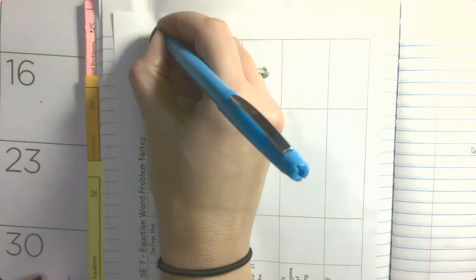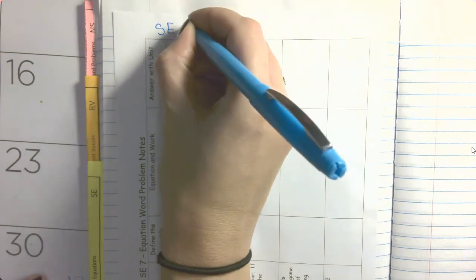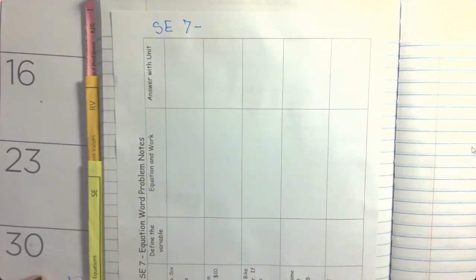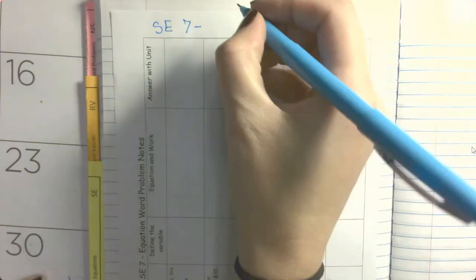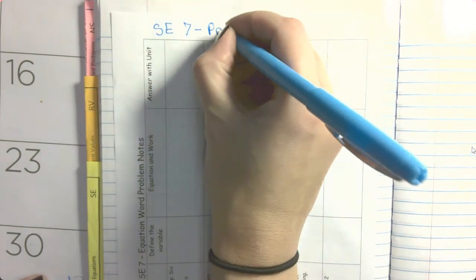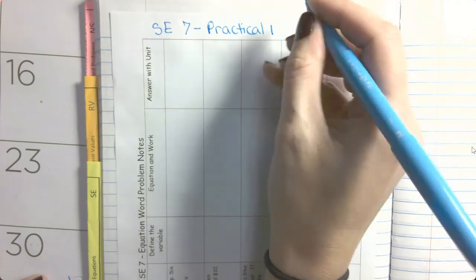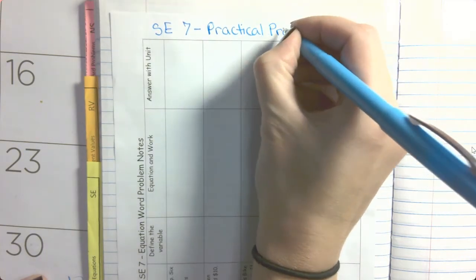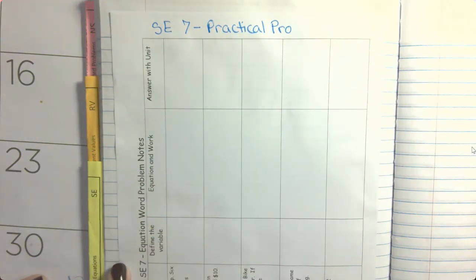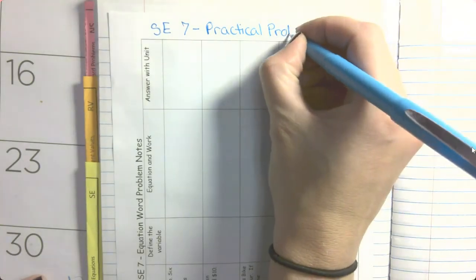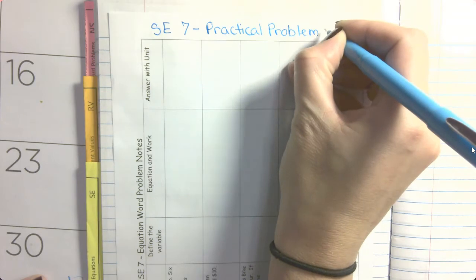So SE7, so topic 7 in solving equations, and you can just write practical problems. On the side here to the left, we have it noted that it's equation word problems. So you can just write practical problems like you have written first on your divider.